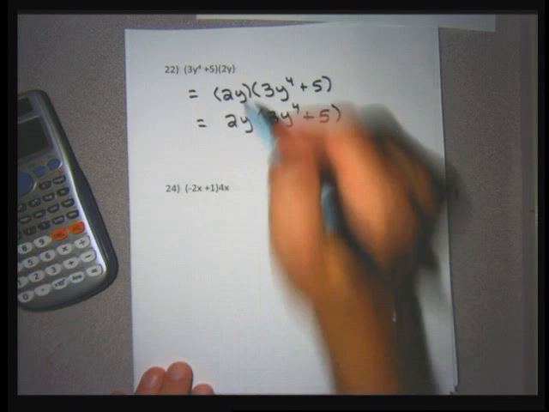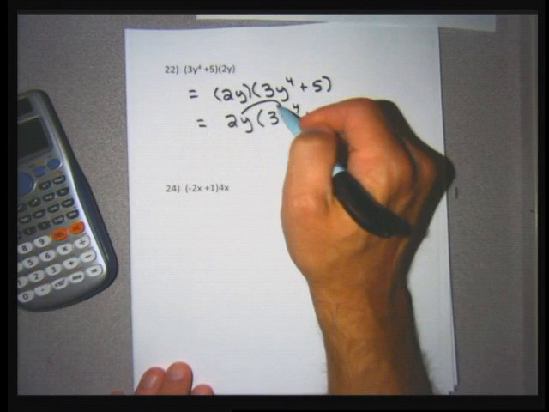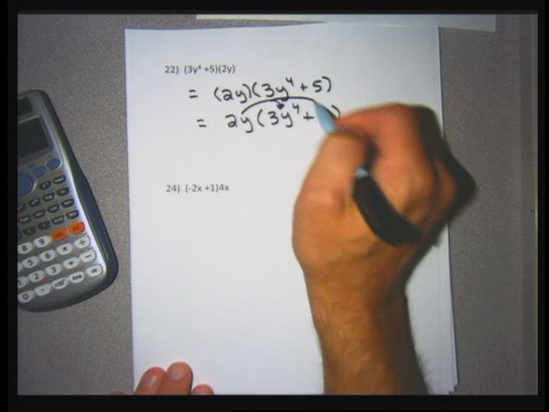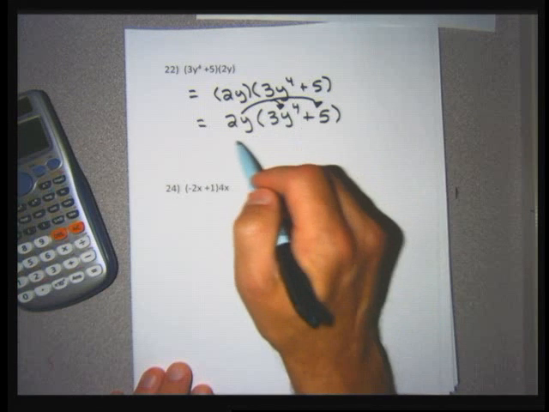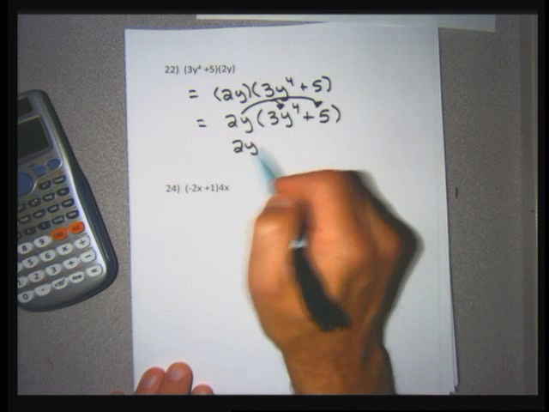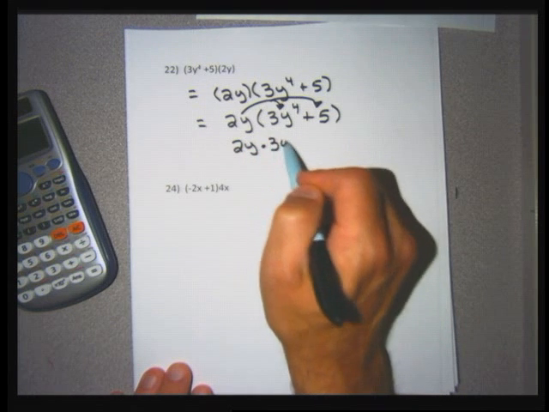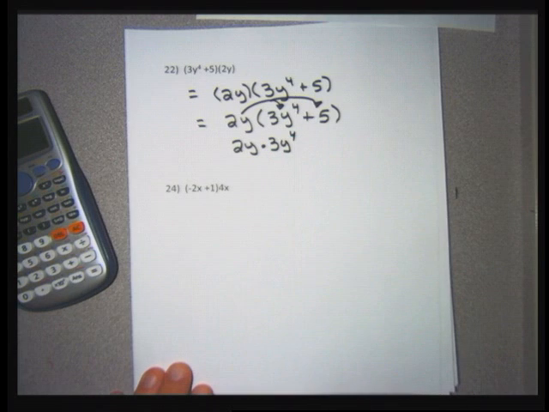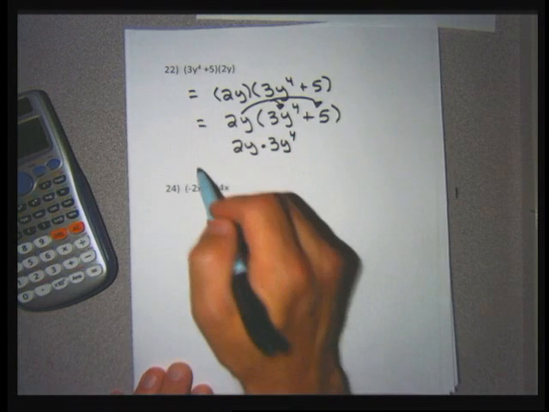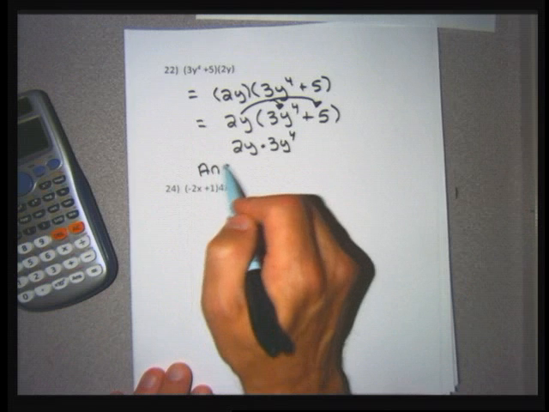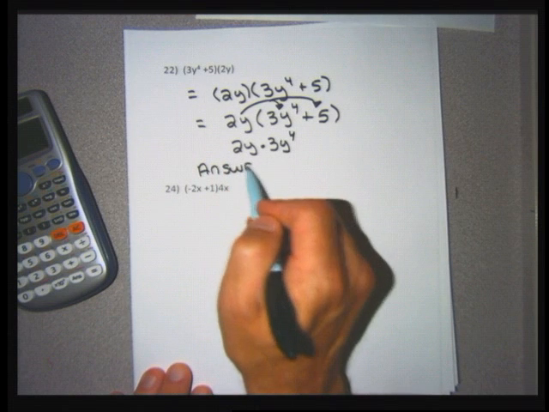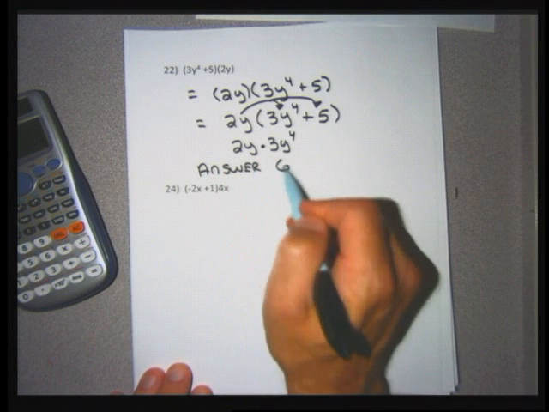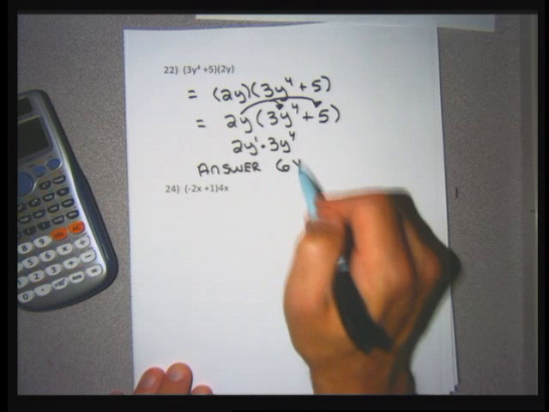What I need to do is multiply the 2y by the 3y to the fourth and the 2y by the plus 5. When I do 2y times 3y to the fourth, you multiply the 2 and the 3 together to pick up a 6, and you add the exponents on the y's together to get a y to the fifth.